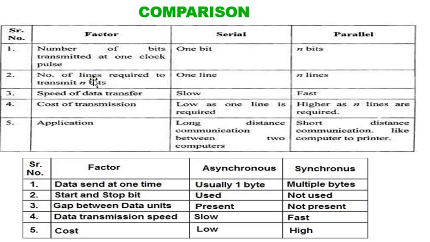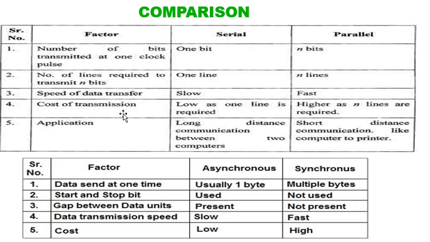Concerning the number of lines required, for the serial we need only 1 line because we transmit bit by bit, but for the parallel we need n lines because all the n bits are transmitted at the same time. On speed, the serial is slow and the parallel is fast because it transmits all at the same time.